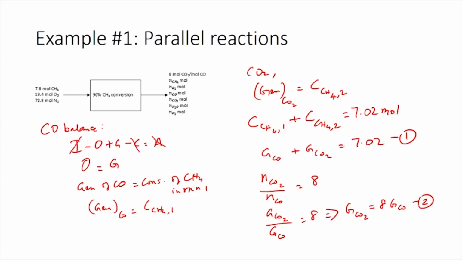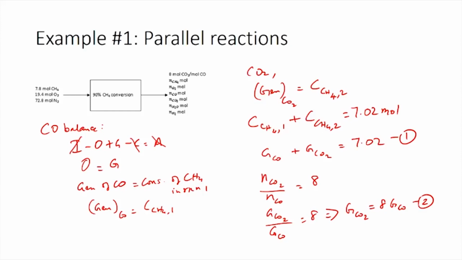Now that we have two equations and two unknowns, we can solve for the number of moles of carbon dioxide and carbon monoxide that are generated, which will also be equal to the number of moles of carbon monoxide and carbon dioxide that are actually leaving the system.